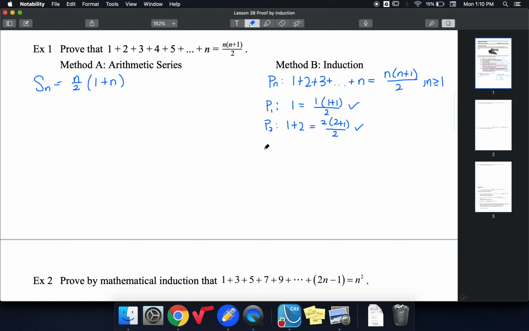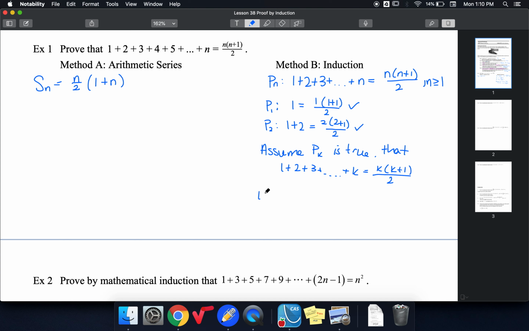That's true. So now I'm going to say assume P sub k is true. So that is 1 plus 2 plus 3, ending with k, is equal to k times k plus 1 over 2.